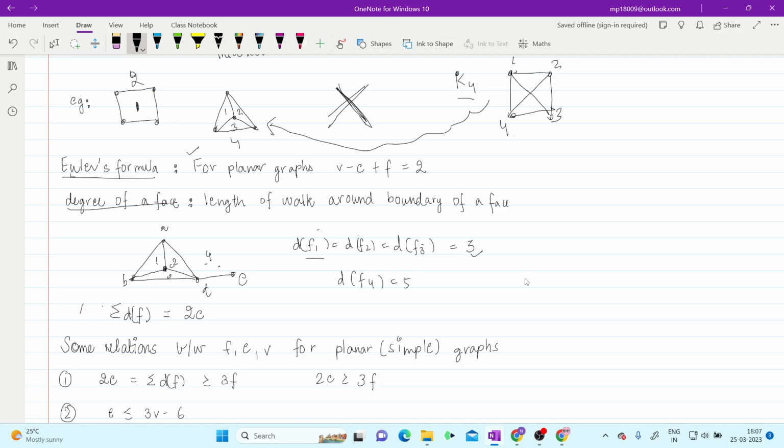If we want to go around the outward face, how will we go? We'll go BA, AD, DE, then ED, then DB.